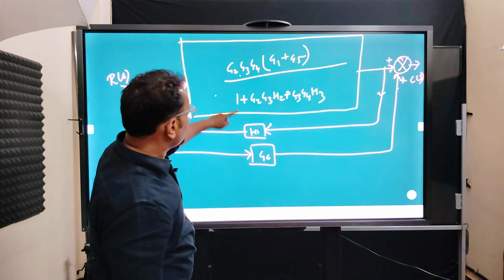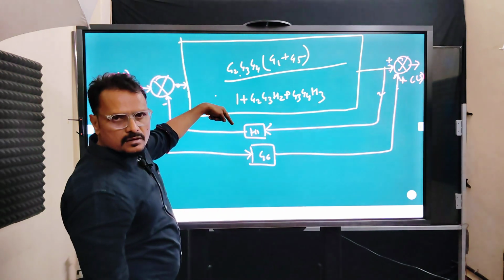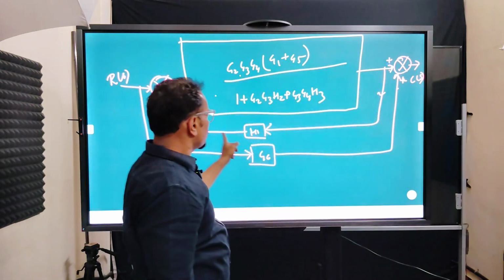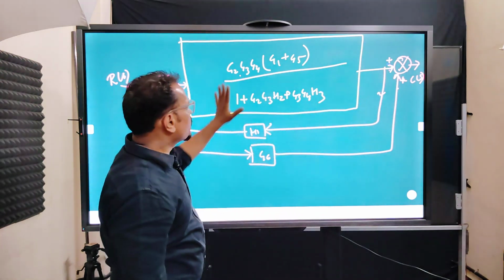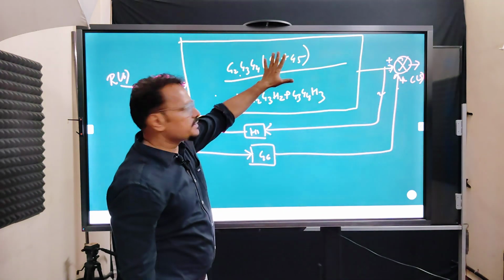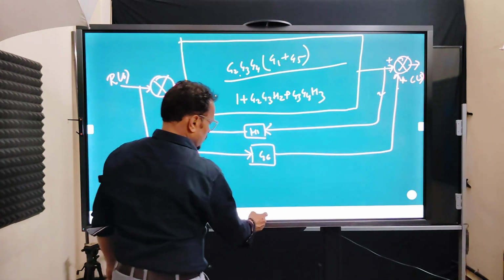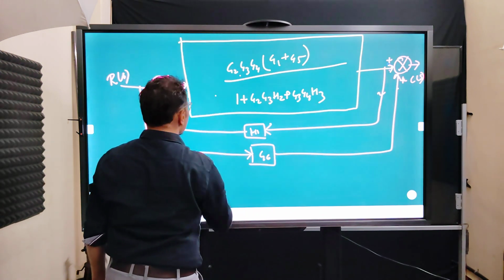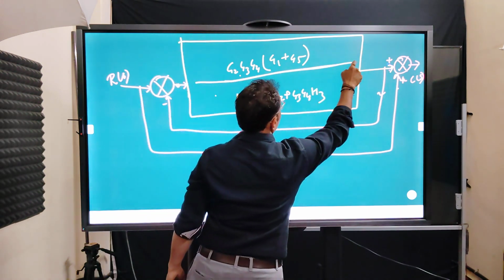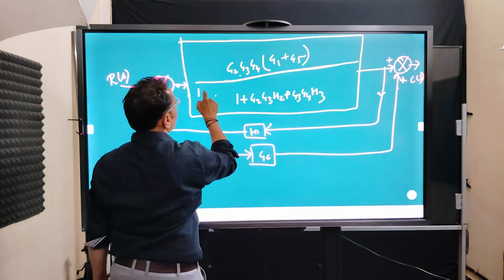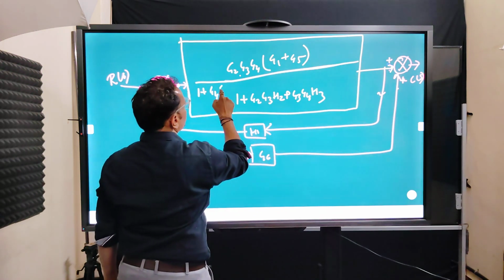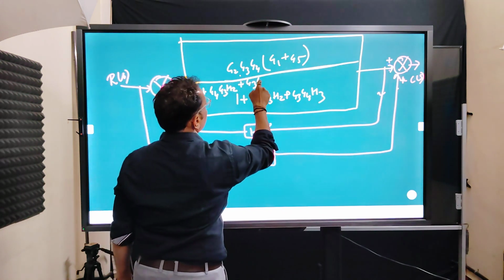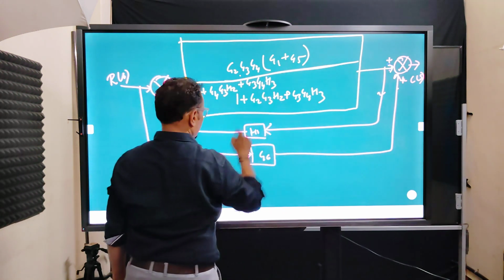Now you can observe a feedback loop here. Again a feedback loop here. A kind of a feedback loop here. Now I told you how to write it down. We are not disturbing this, we are keeping it as it is. And this we have written as it is: 1 plus G4 G3 H2 plus G3 G4 H3.